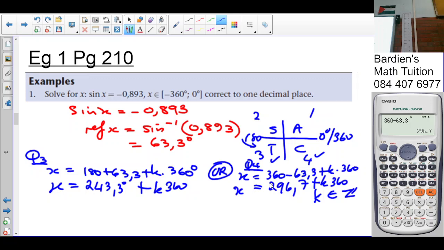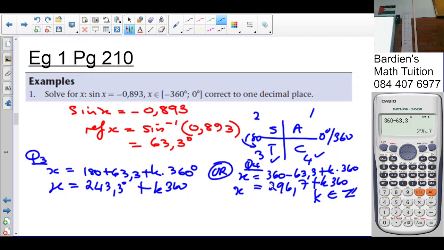You don't have to, but if you want to, you can. Once is sufficient. So as I said, if the question was read, determine the general solution of, then that is where you stop.